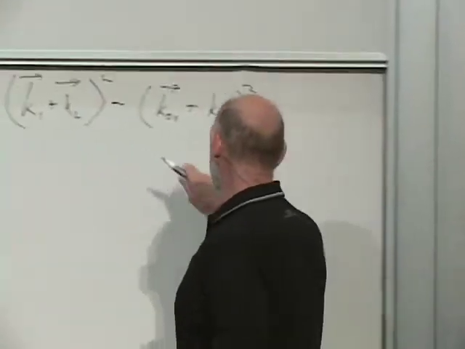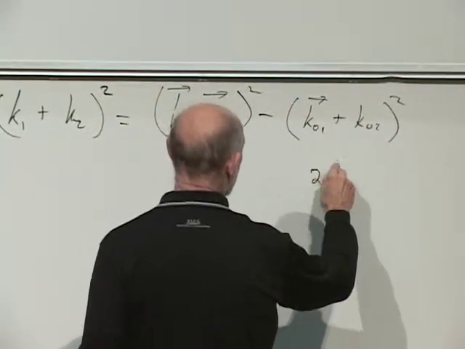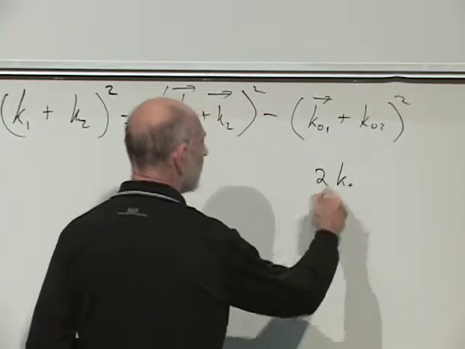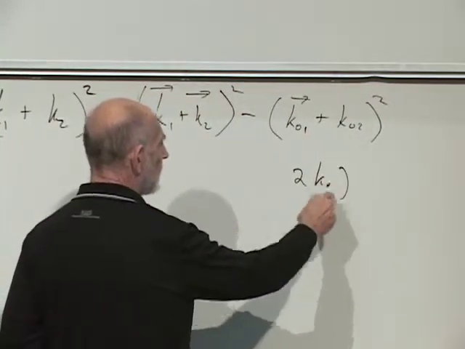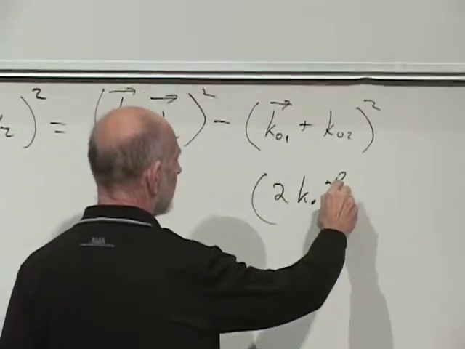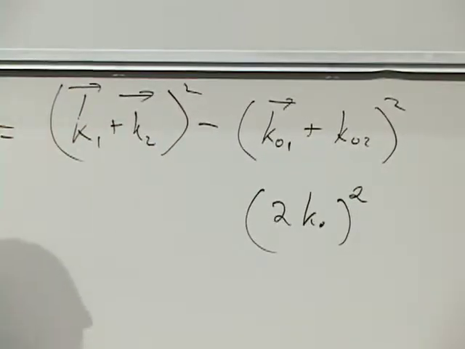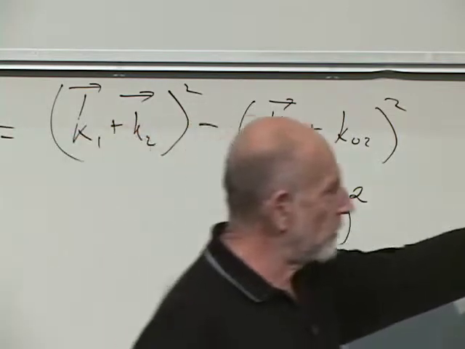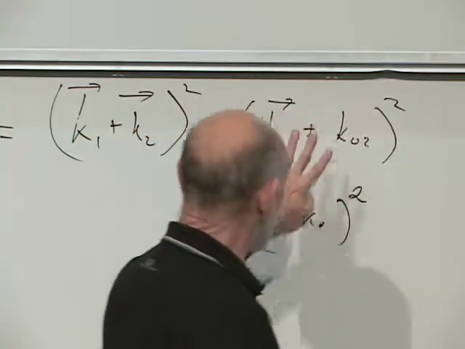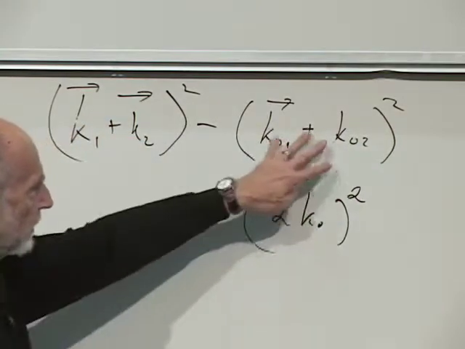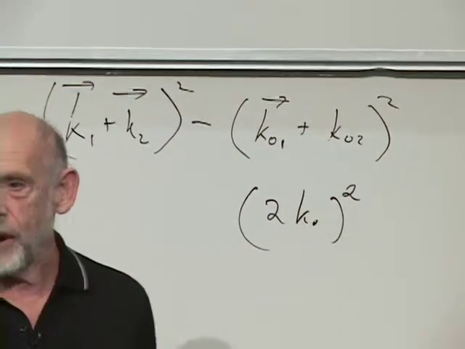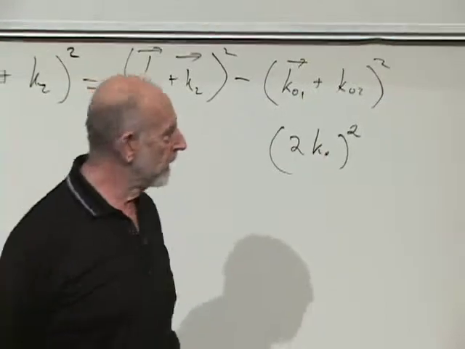So this just becomes twice K0, quantity squared. Very simple. This is the center of mass energy here. In the center of mass frame, you add the two energies, it's the total energy, and the square of it is just the square of the center of mass energy.